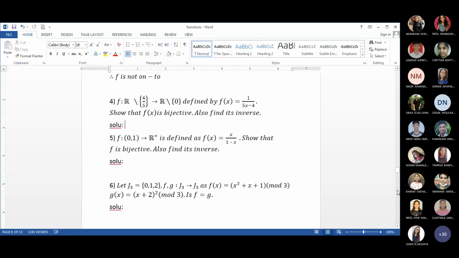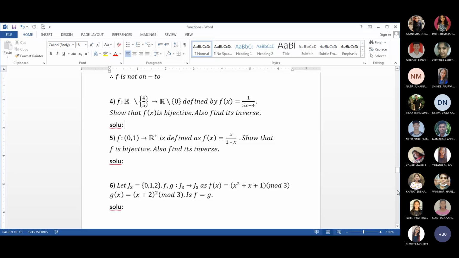Sorry? Infinity. It is not defined, right? वो 1 upon 0 का फॉर्म में जा रहा है, तो दैट इज द रीजन कि वो 4 upon 5 को डिलीट किया हुआ है डोमेन में से, क्योंकि 4 upon 5 पे फंक्शन का वैल्यू एग्जिस्ट नहीं होता है.